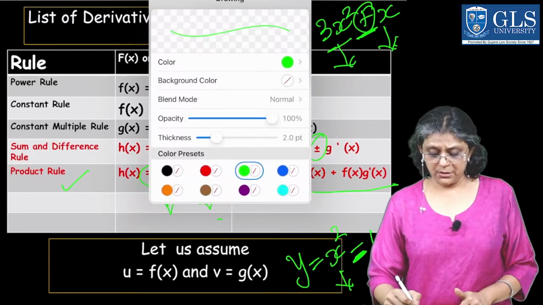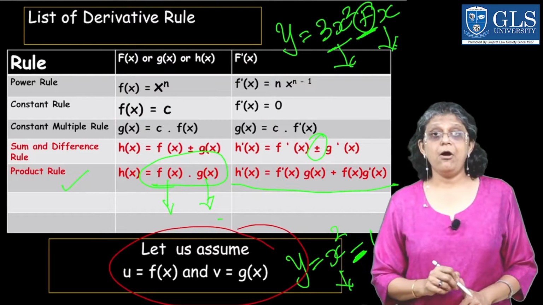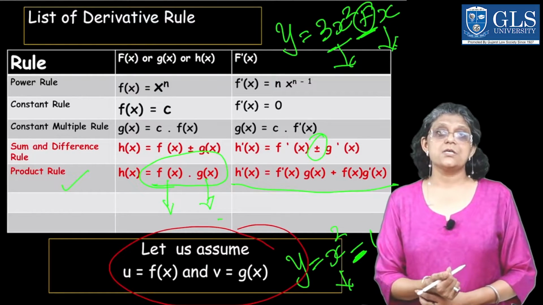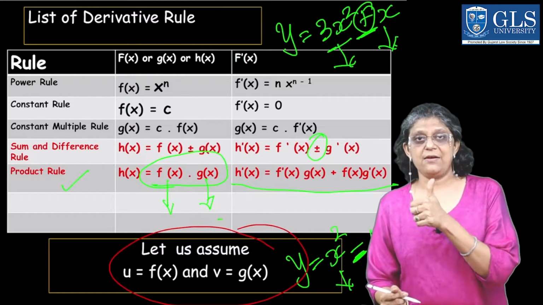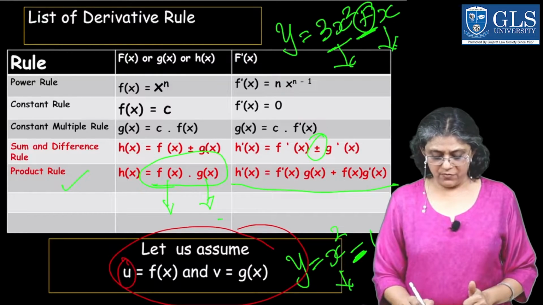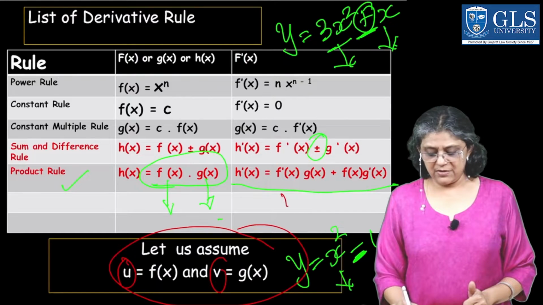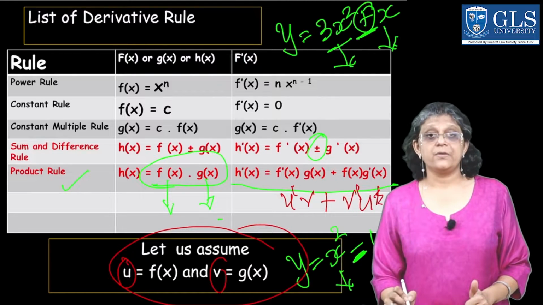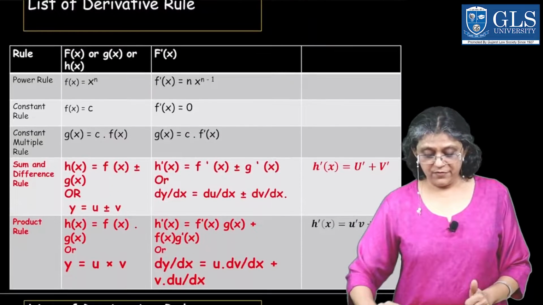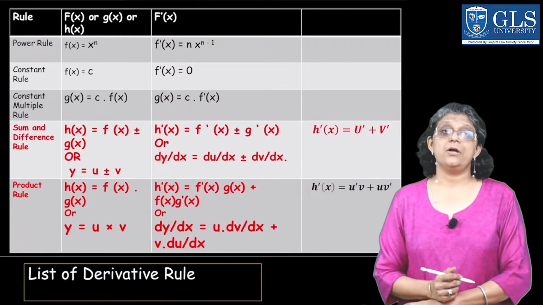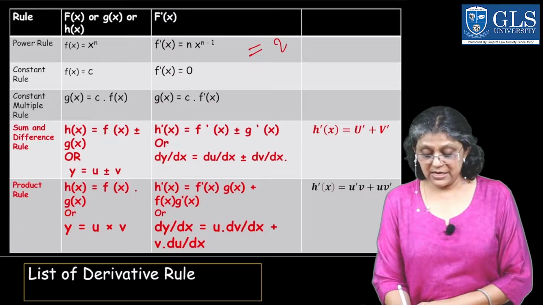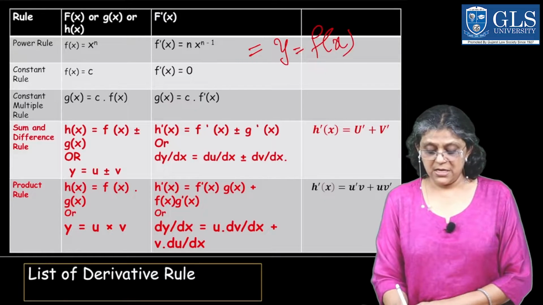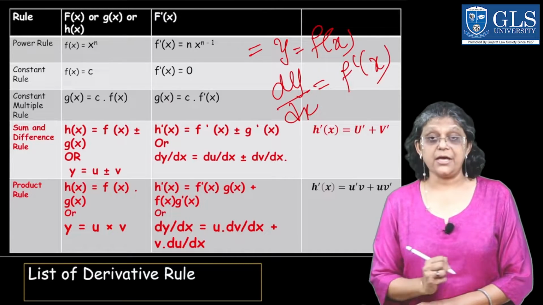Now pay attention, at times some author or some reference book uses the notation of g(x) and f(x) as u and v. So if it is u and v, then we say this is u dash into v plus v into u dash. Clear? So let us see now if I use dy by dx, because I can say that y is equal to f(x), then I say dy by dx is nothing but f dash x.